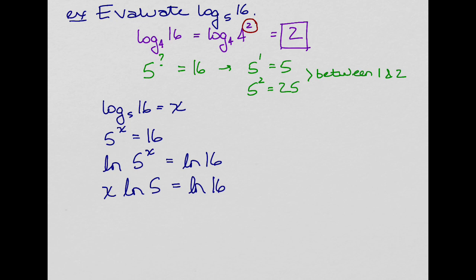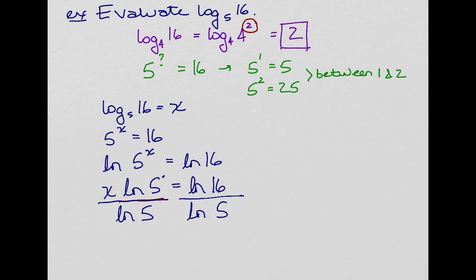Well, natural log of 5 is a number. I don't know what it is, but it's definitely not 0. It's a number just like 3 is a number. So I can divide by it. So I'm going to divide both sides of my equation by natural log of 5. And again, that's just a general equation solving thing. I can divide both sides by the same number.